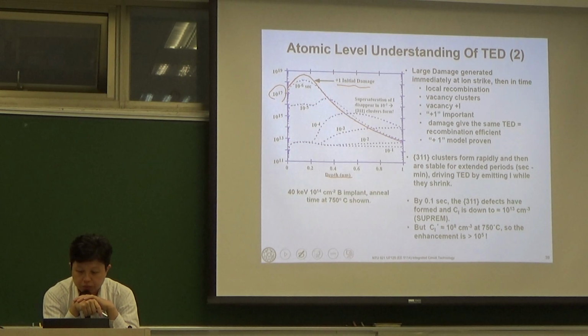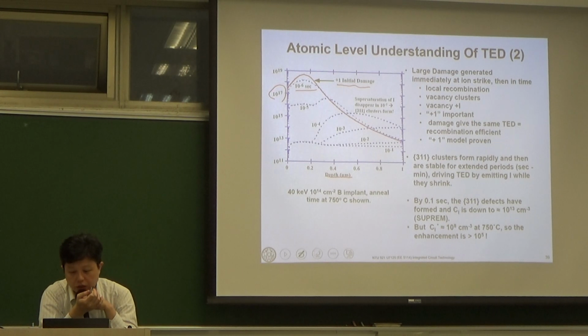Once those damages are generated in the beginning, in a very short time, like microseconds, they begin to recombine. They have some local recombination or surface recombination, and your vacancy cluster will shrink by emitting these +1 interstitials.